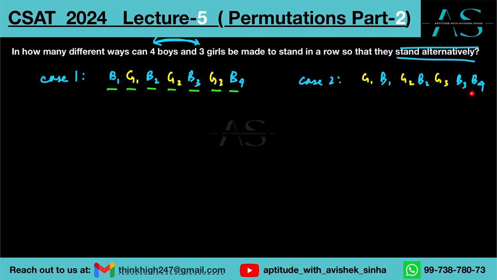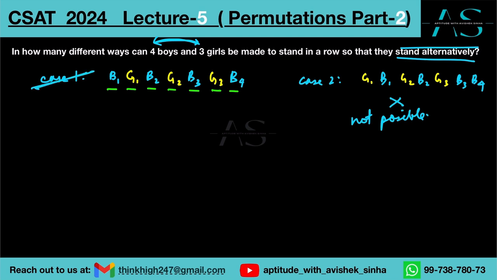Are they standing alternately? No, they are not. These 2 boys are standing together. So this defies the condition. When does this defy? When the number of elements is not the same. They are different. So case 2 is not possible. So we only look at the first case.